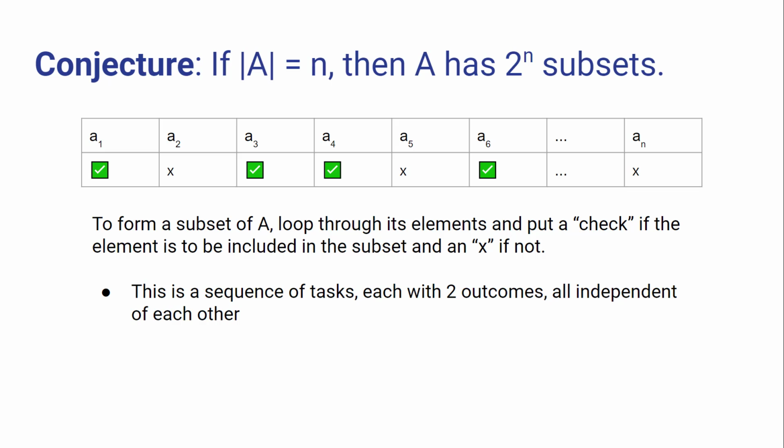There are 2 outcomes for each task, either put a check or an X, and each task is independent of the others, and there are n tasks to complete. So the multiplicative principle of counting says that the number of outcomes is 2 times 2 times 2, etc., until we have n 2's multiplied together. That gives us 2 to the nth, and that's the number of subsets of A.